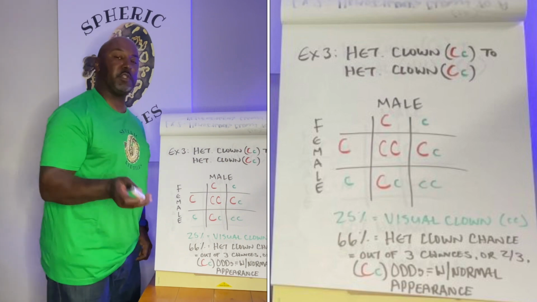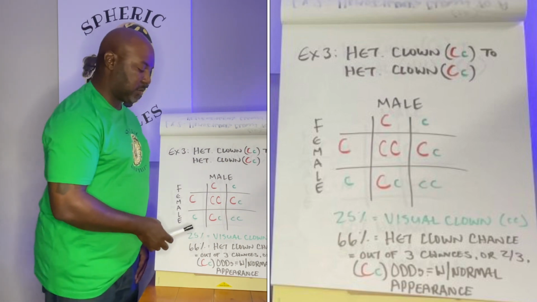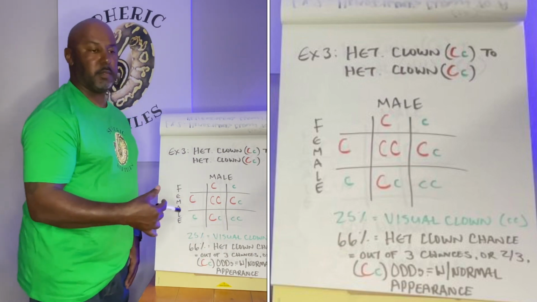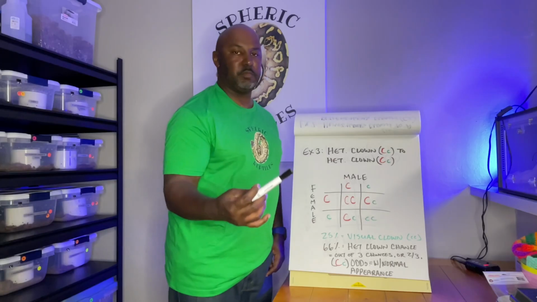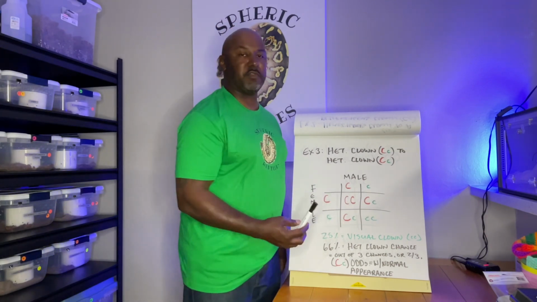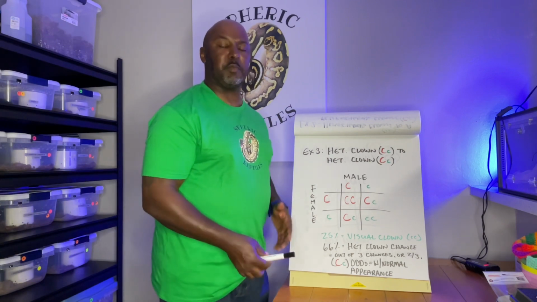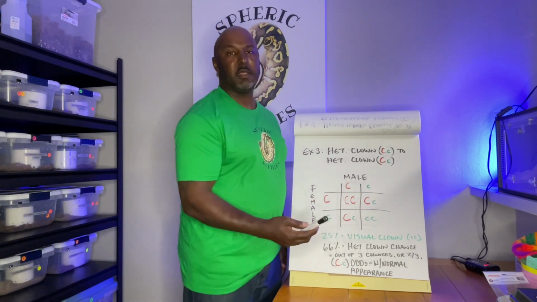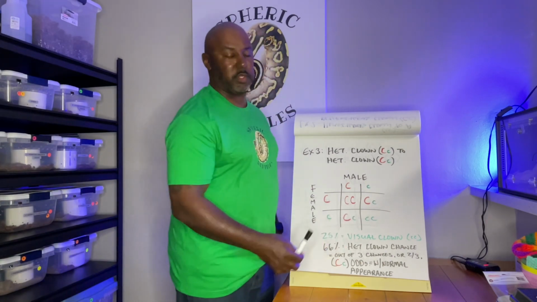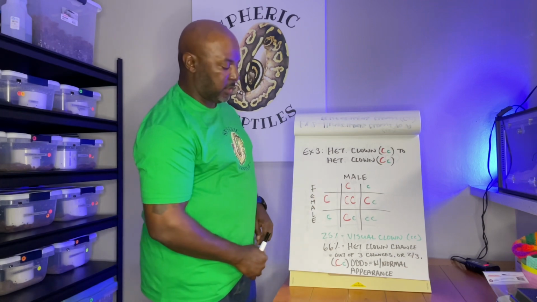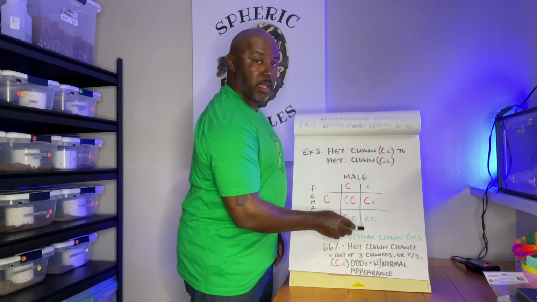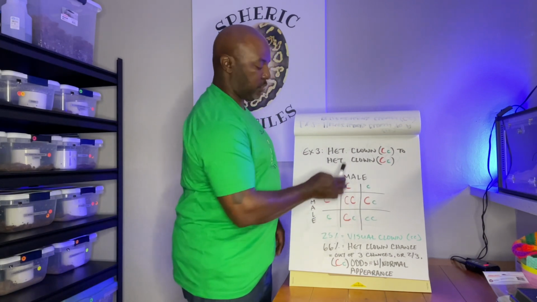Luckily, we do have genetic skin testing available, so that when you get one of these 66% het clown or het recessive, if you're trying to see if you hit for a het, that's one way you could tell right off the bat. And if someone did that, they're probably going to charge you for the 100% het, because that's what it is once it tests heterozygous, and you know it's got a normal and a recessive trait. So guys, that's what we got there, but you got to remember that all of these have a normal appearance, whereas only this one has a double recessive for the clown trait.